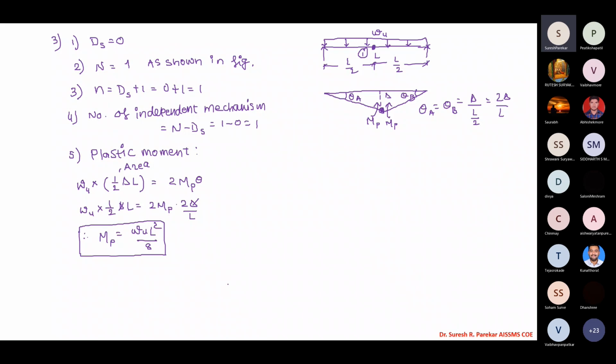So these are generally 3 problems which are for simply supported beams.